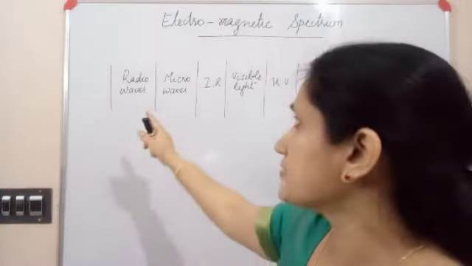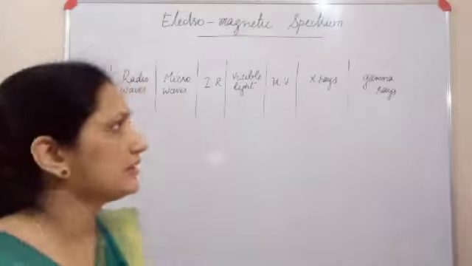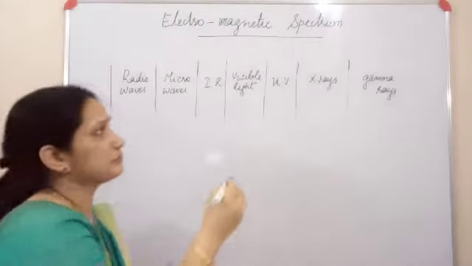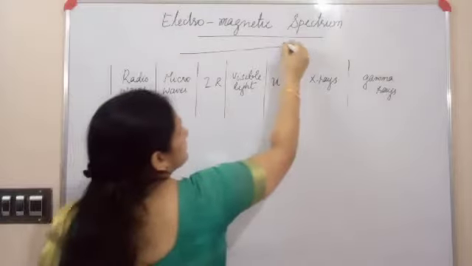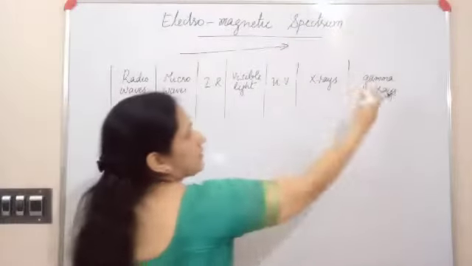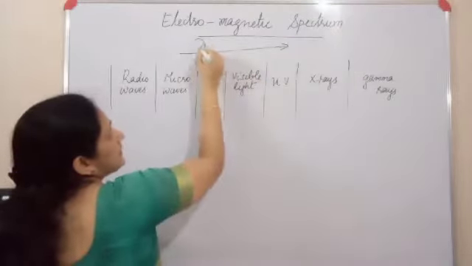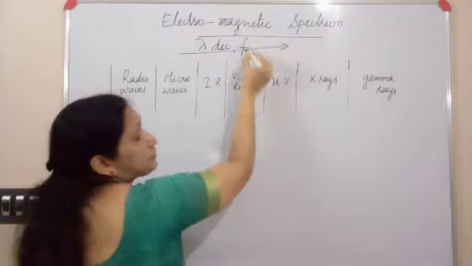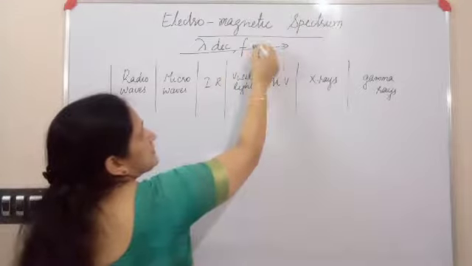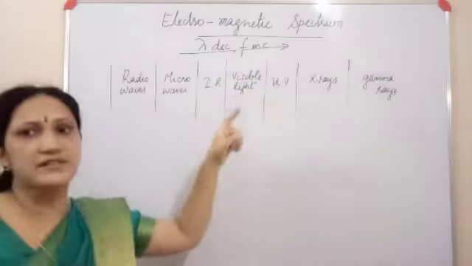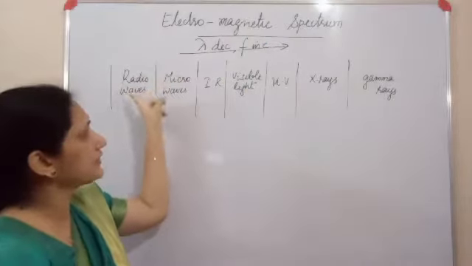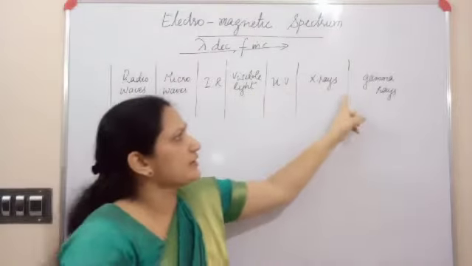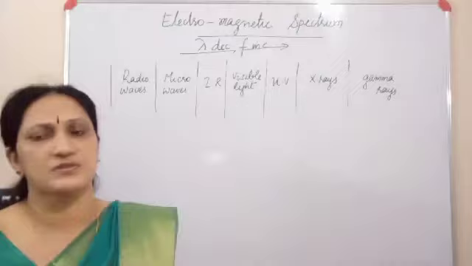This order is in decreasing wavelength. When you move from radio waves to gamma rays, wavelength is decreasing but frequency increases. They are inversely related. Wavelength is highest for radio waves and it goes on decreasing. Gamma rays are very short waves.